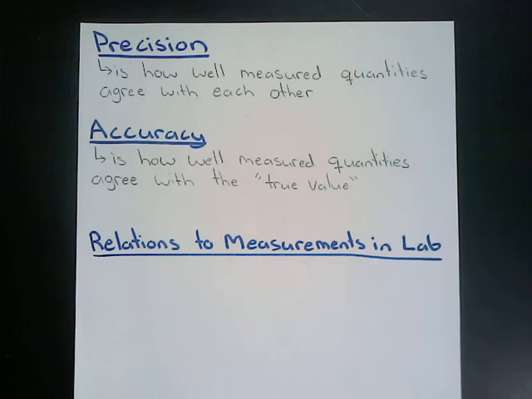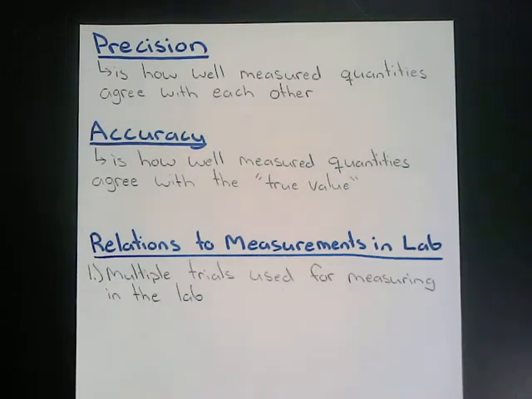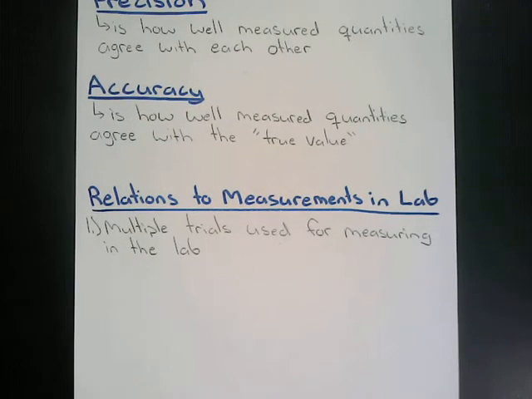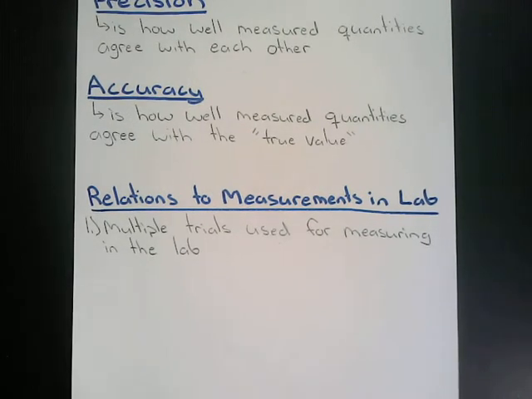Now, in the laboratory, we have a couple of things to be aware of. Number 1, we have multiple trials used for measuring quantities in the lab. Because we use multiple trials, we have to take the standard deviation, an estimation of how far the measurements are from the average, to reflect the precision of a measurement.